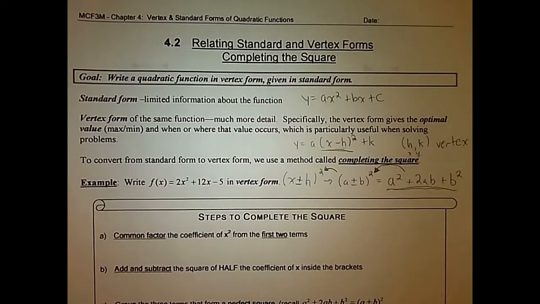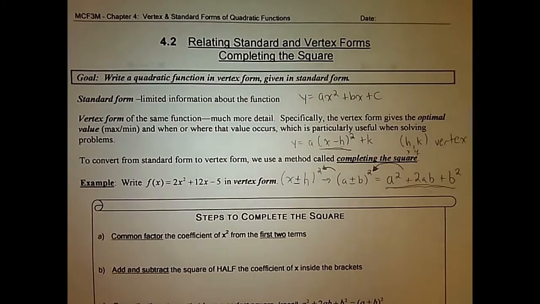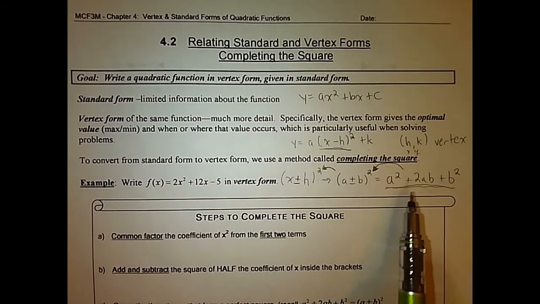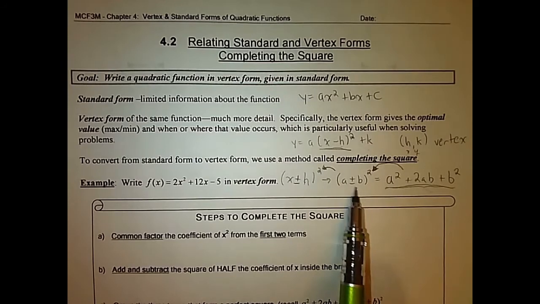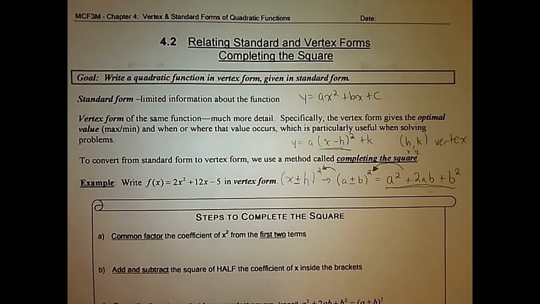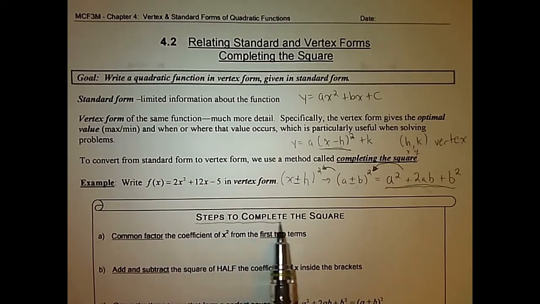So that's what we're going to use with our techniques right now. The really good part is if you don't understand what I just said from this to this to this, don't worry about it. If you do understand, it'll help us a little bit, but as long as you follow these steps to completing the square, and we'll practice it a bunch of times in this video, you should be okay. You'll be fine. You'll learn the technique of completing the square.